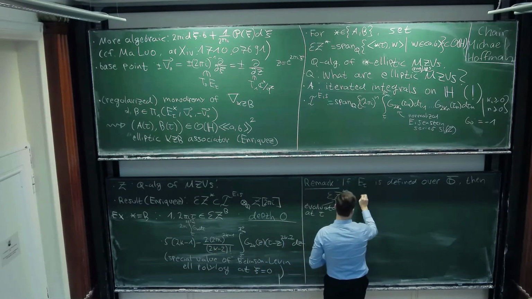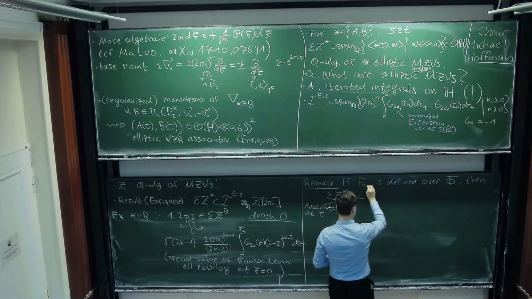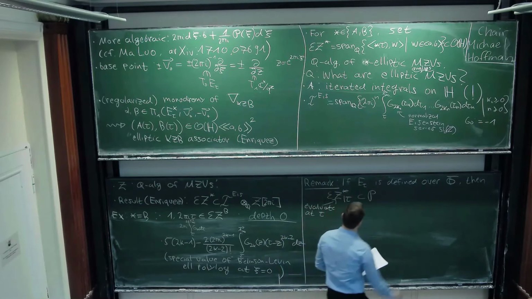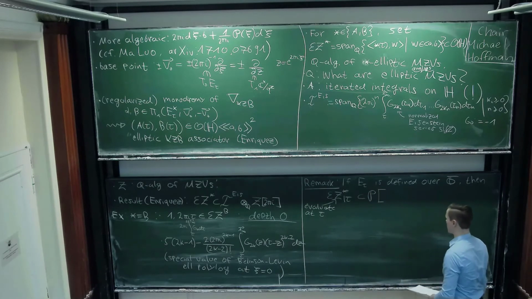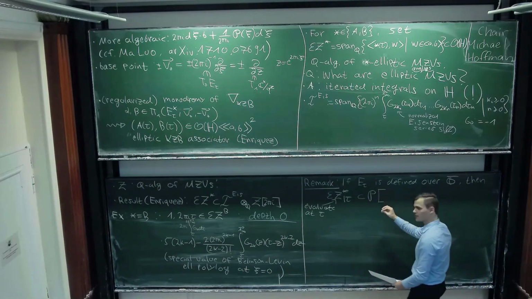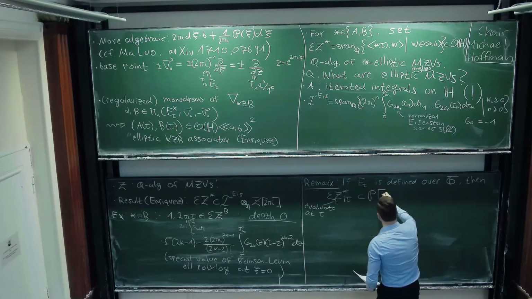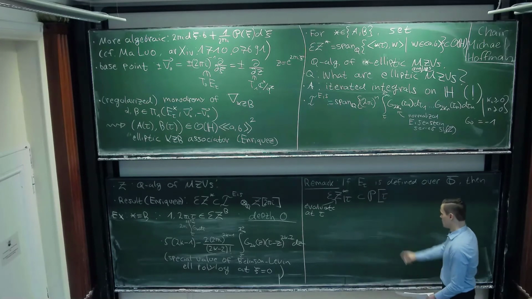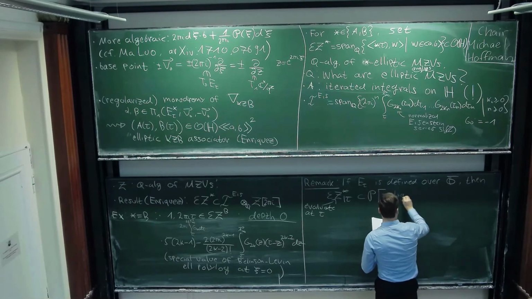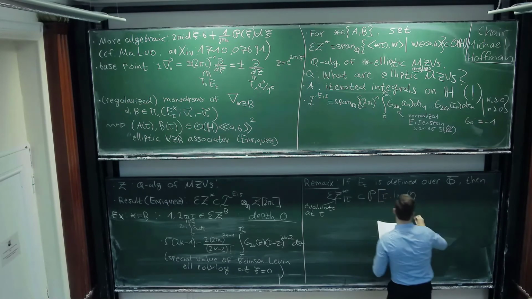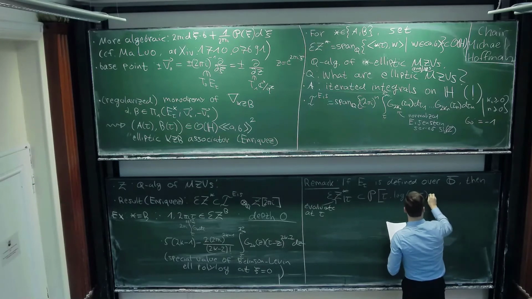This is going to be a subalgebra of the algebra of periods in the sense of Kontsevich and Zagier, except that there are two things where I don't think they're periods, but maybe someone in the audience does know better. You have to add tau, and you have to add the logarithm of the Dedekind eta function at tau.